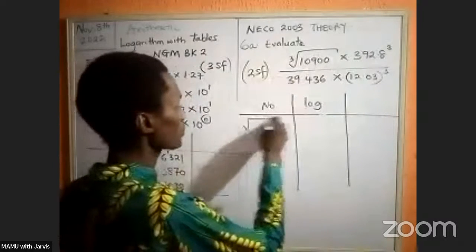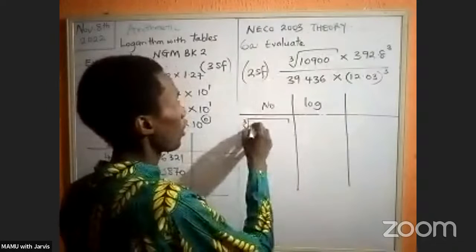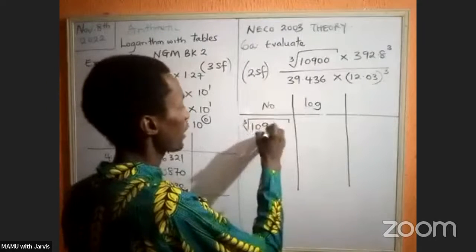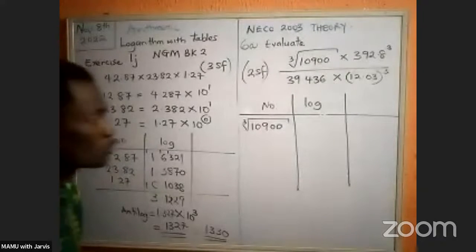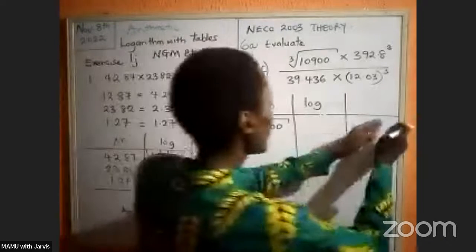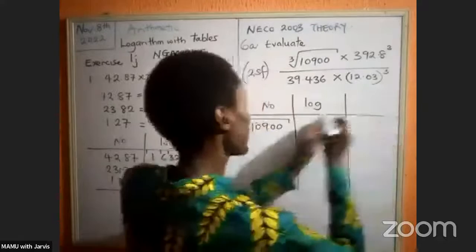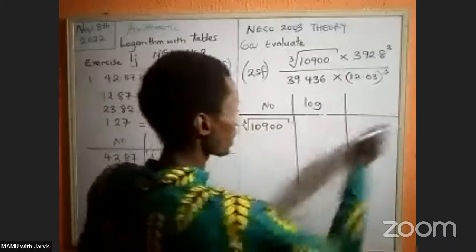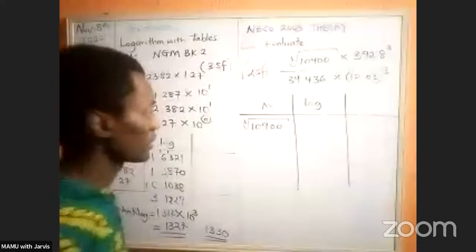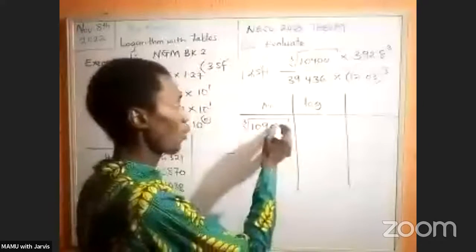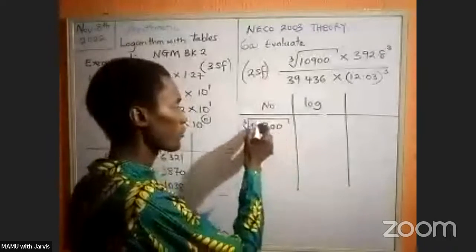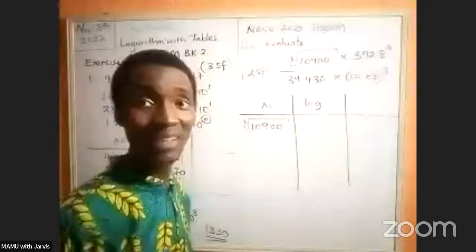This is the cube root of 10,900. How do you do this? Now, this is what I advise you to do. Move this way and transfer your final answer this way, or walk here and transfer your final answer this way. Whichever you do works well. Now, look at this. If I'm to write this in unit decimal, it will be 1, 2, 3, 4, 4 decimal places.